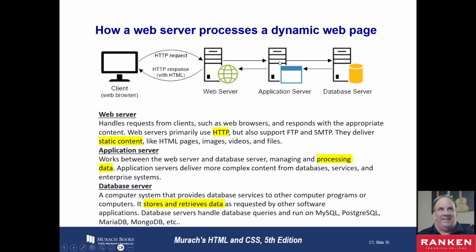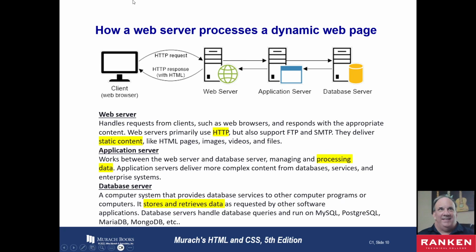Let's use an example, like that ESPN website I was showing. When you log into ESPN with your username and password, it would go through here, and then the application server says, "Hey, this is a login. I need information for this user."